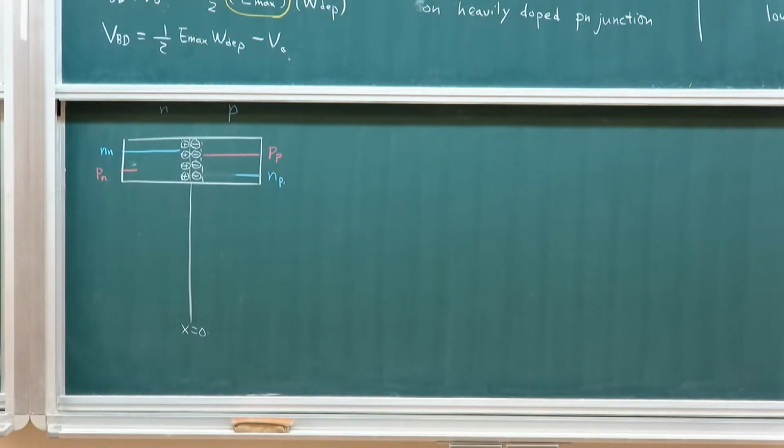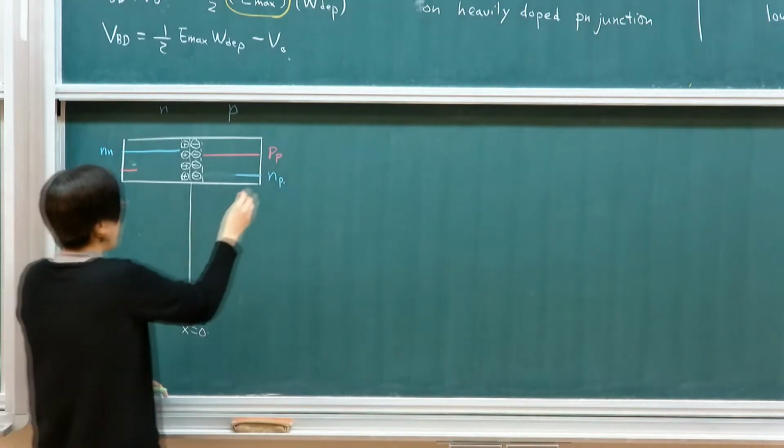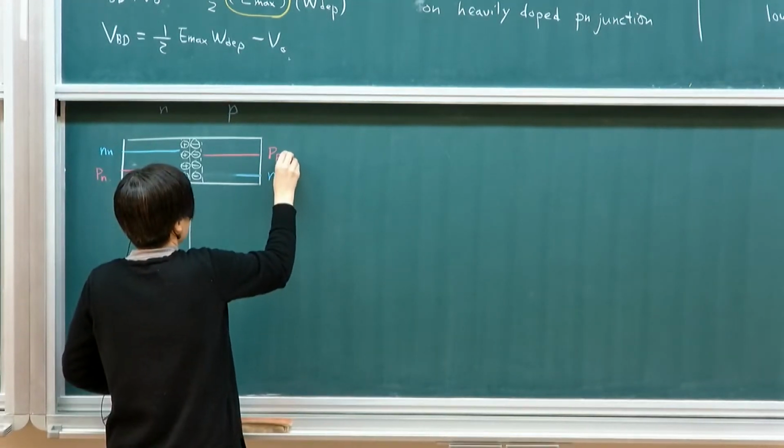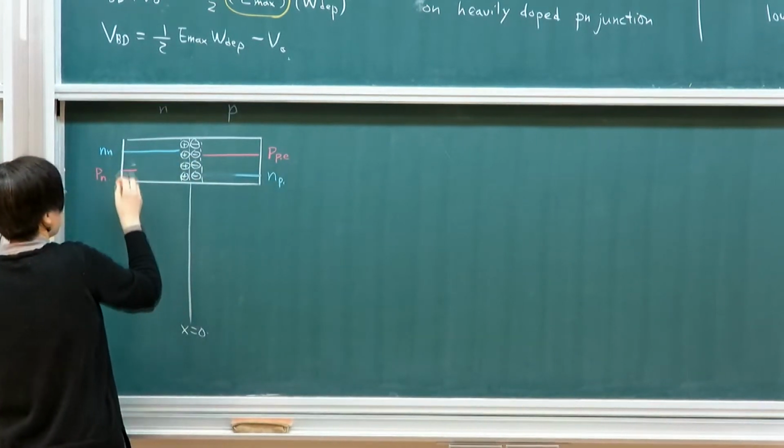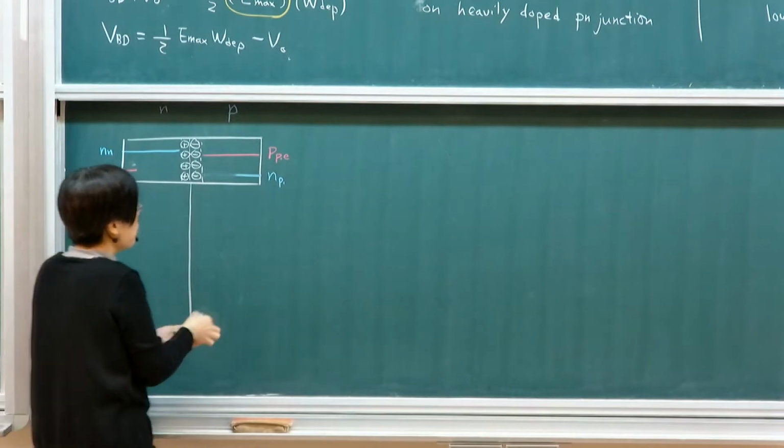And I'm adding another notation, because we have forward bias and we have equilibrium. I'm adding an E just to highlight the point where the equilibrium state remains. So the E stands for equilibrium.